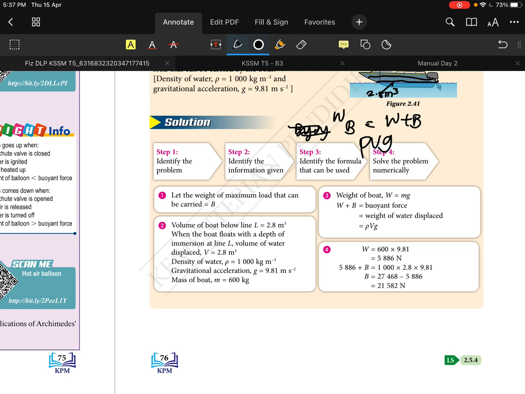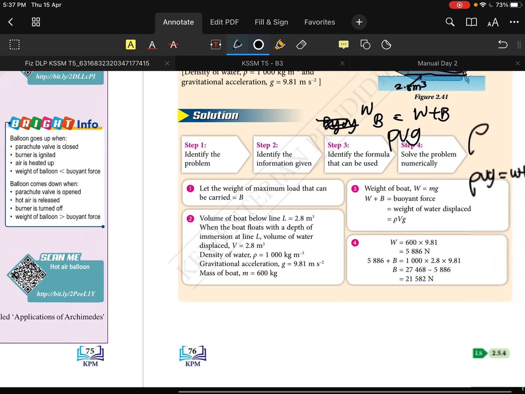I wrote it as P because that's how I write it by nature, but it's supposed to be rho Vg. So rho Vg is equal to W plus B, and then W is equal to mg, right?